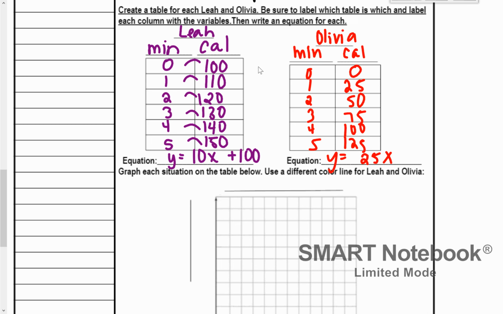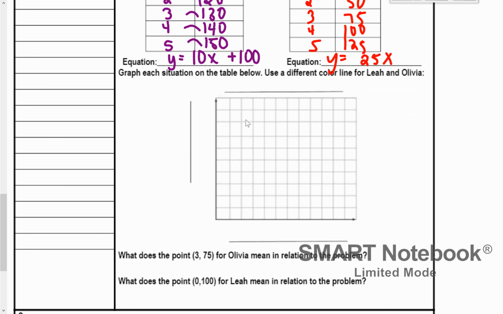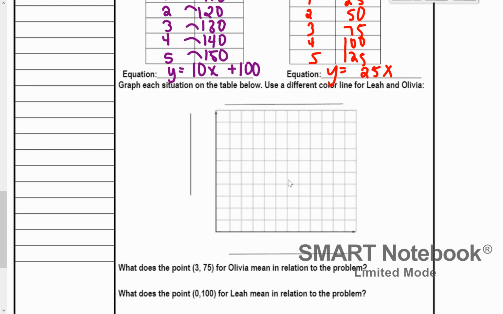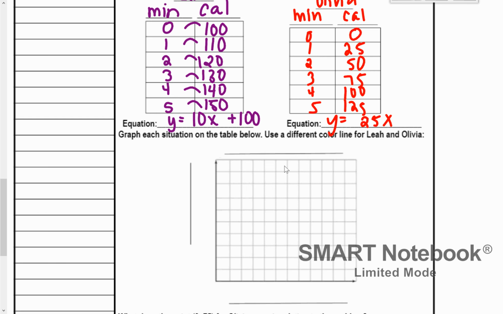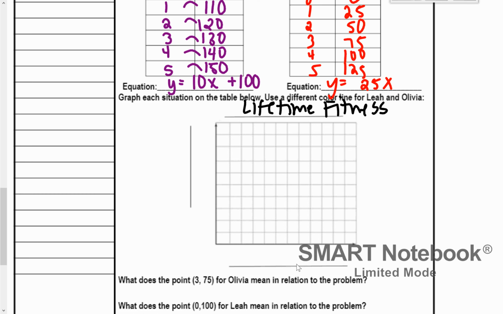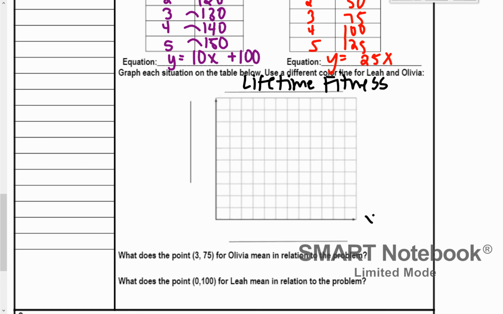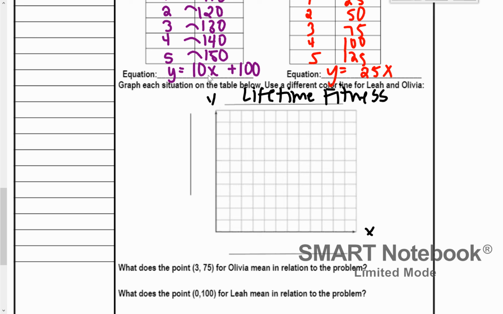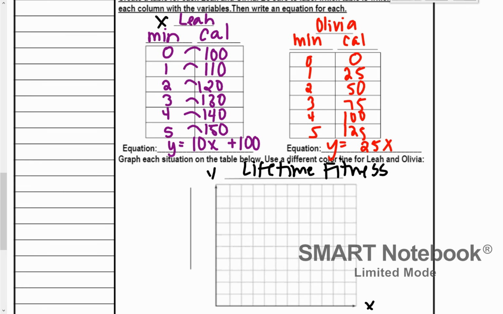All right, now we're going to be graphing these tables on the same graph. Okay, it's not going to be that different. So let's label the graph maybe like Lifetime Fitness. Down at the bottom is our x, remember, this is our x-axis. So that's our first column in the table.